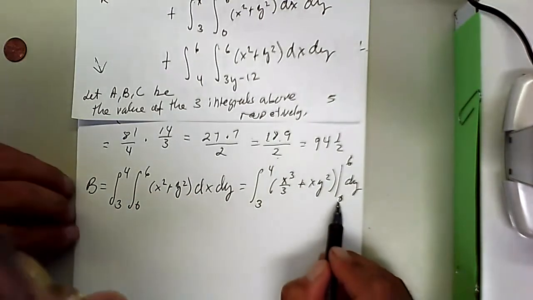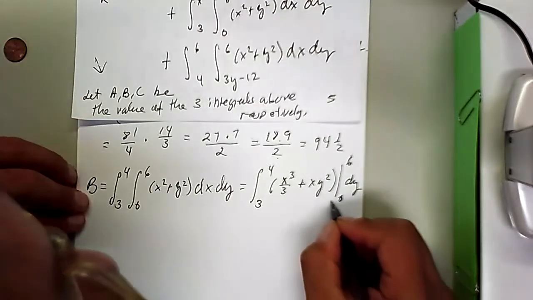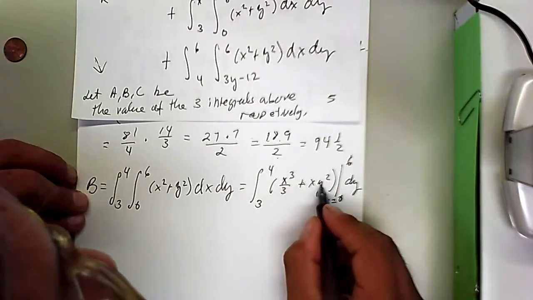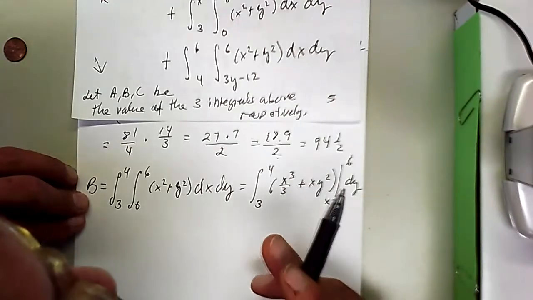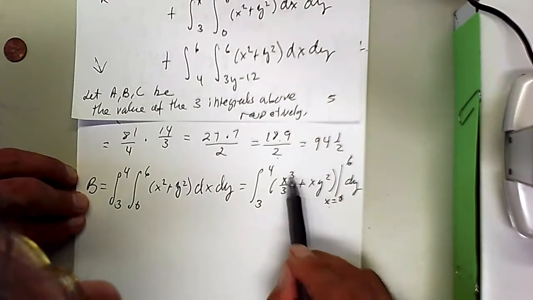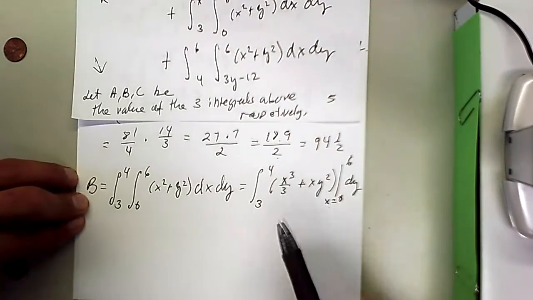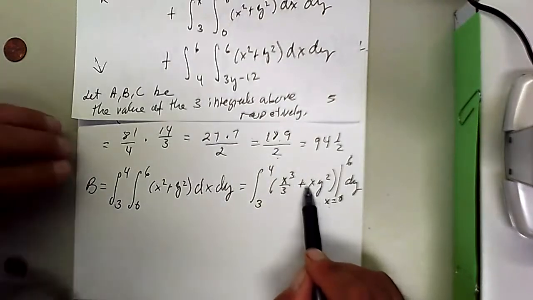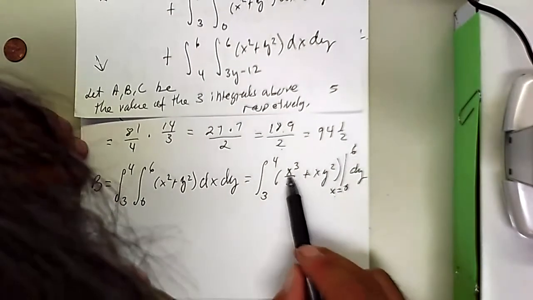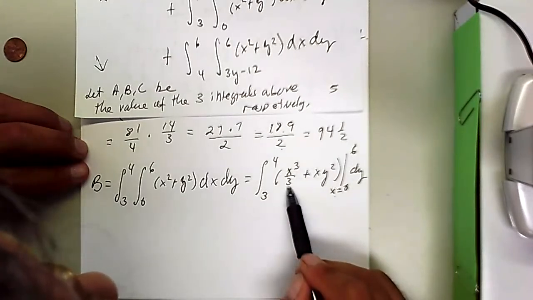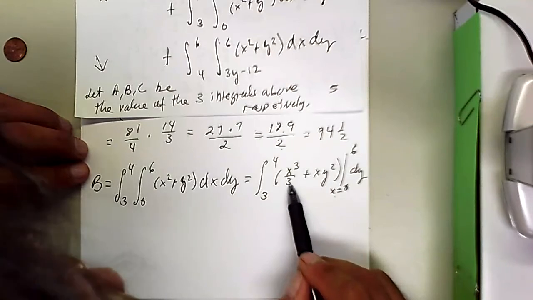It may be a good idea to emphasize that we're going to plug in 6 and 0 into x. So when we plug 0 into x, we're going to end up with 0 and 0. So we're going to subtract 0, so we can disregard that after double checking that we actually get 0. So we're going to plug in 6. We're going to have 6 cubed, which is 216 divided by 3, 72.